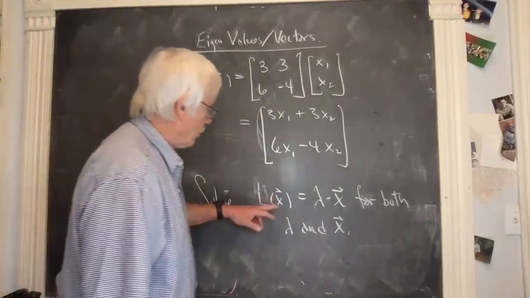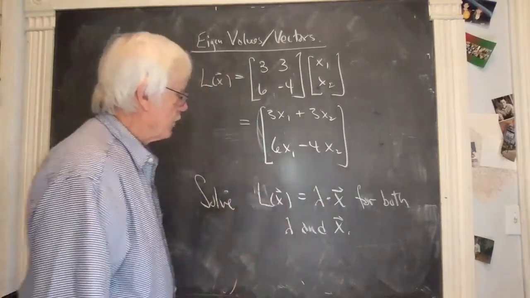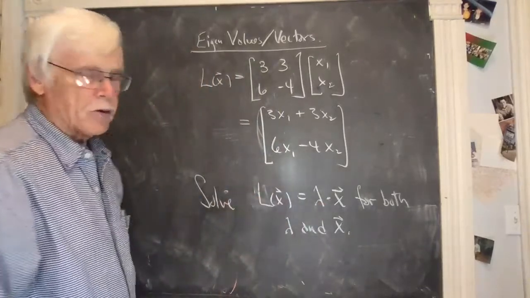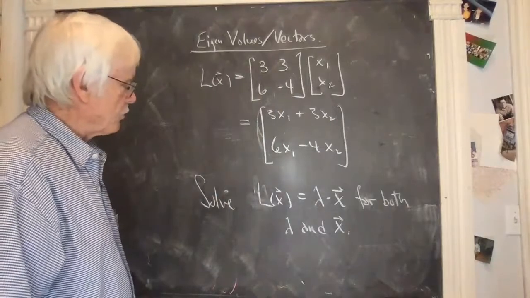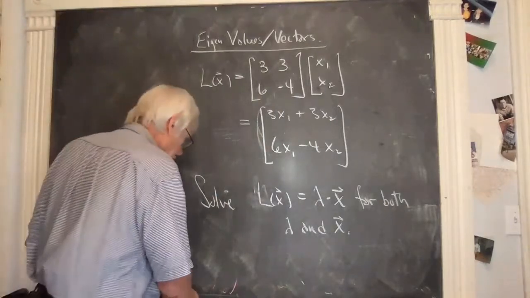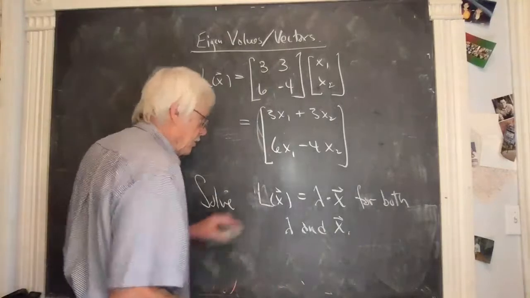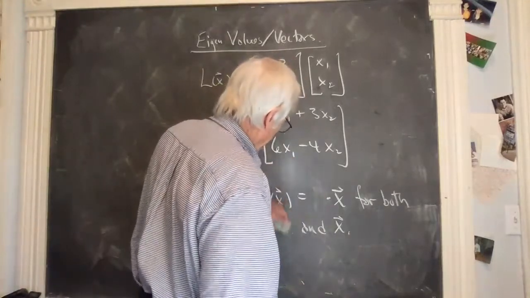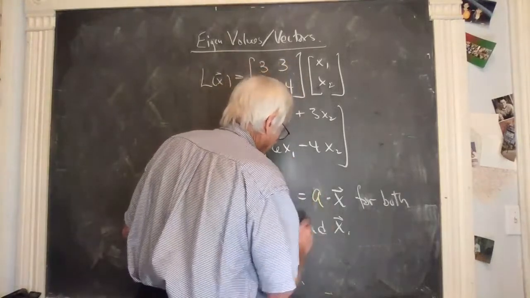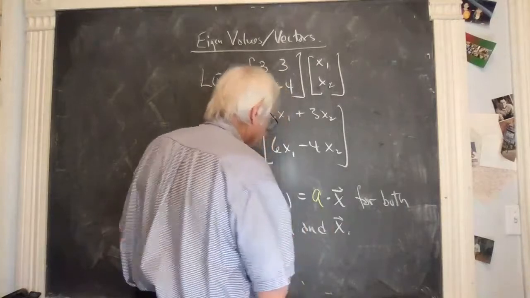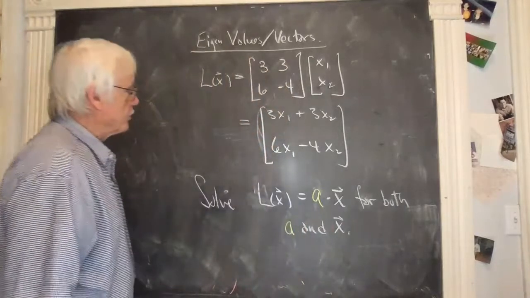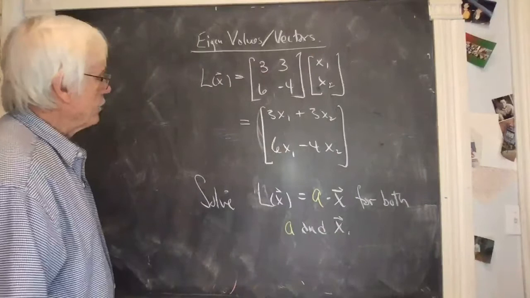I mean, there's X1, X2 here and another one here. But it ends up you can do this. And that's what I was going to show you. Just to make things a little less Greek, I'm going to use the letter A here, because A is an unknown for us. And we want to go ahead and solve this.